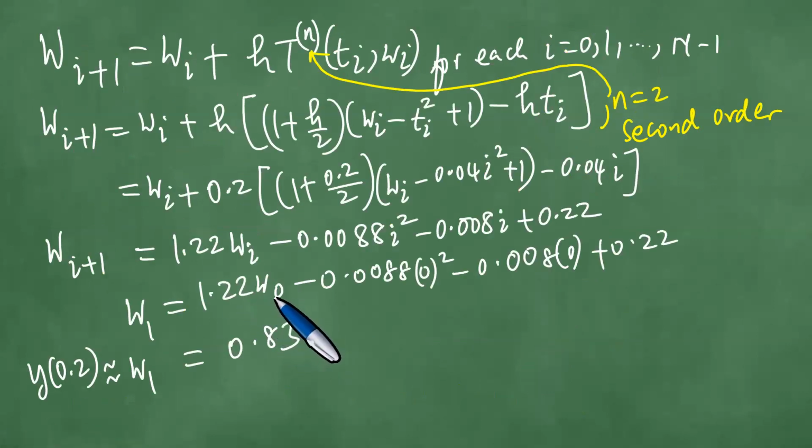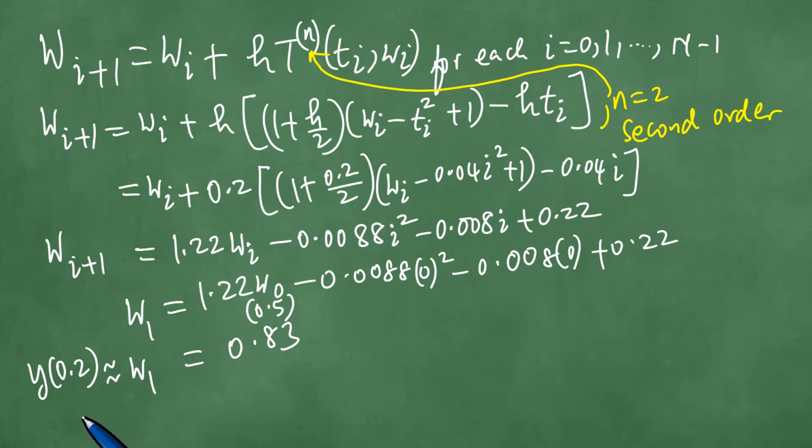W0 we know already is 0.5. Just put here, it is 0.5. So add everything, you get 0.83. All right, which means that we found an estimate at 0.2, which is 0.83. Okay, let's just do one more.